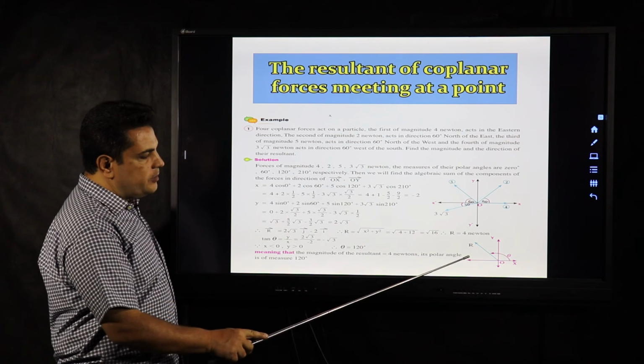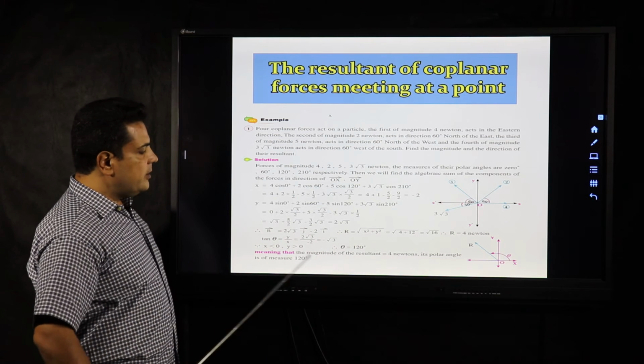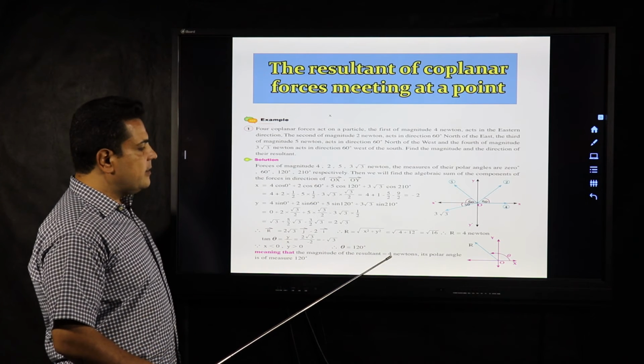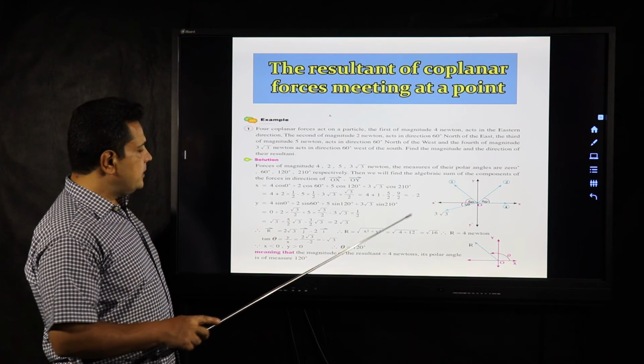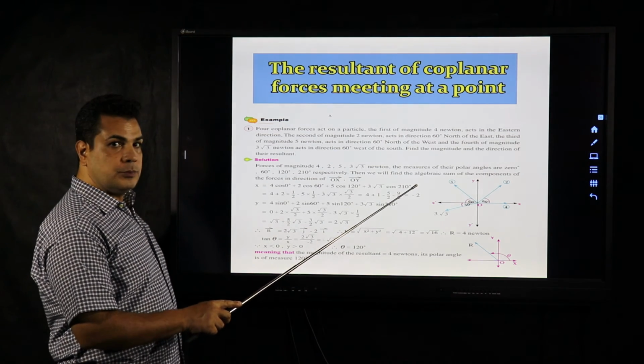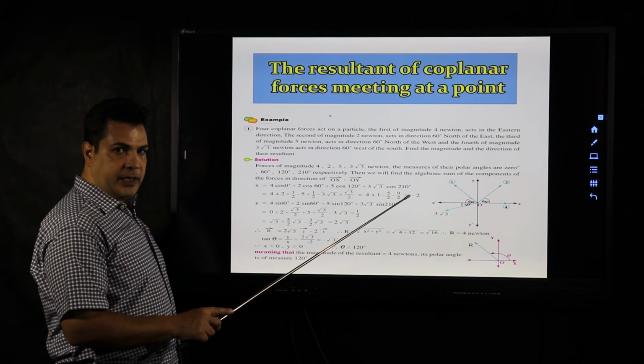And its direction: tan theta, where theta is the angle between R and the first force, equals y over x, that equals 2 root 3 over -2.